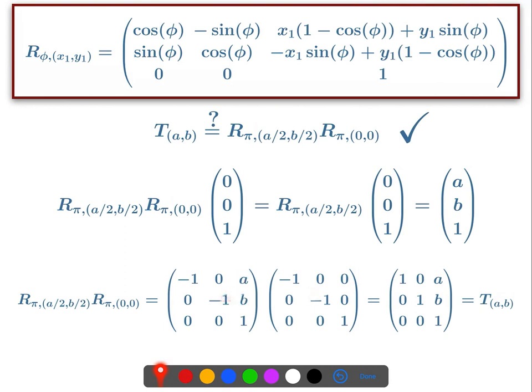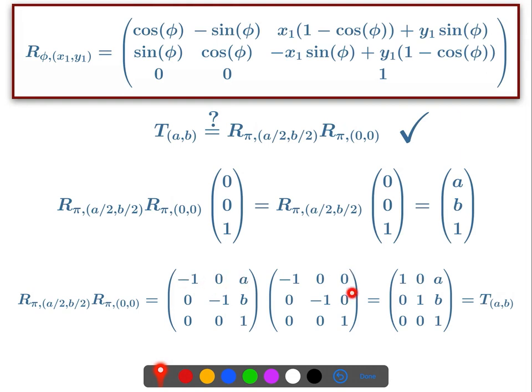Now we just want to multiply these two matrices out. We see minus 1 times minus 1 is 1, and then we have 0 and 0, so that's giving me 1 there. Minus 1, 0, a dotted with this, we're going to get minus 1 times 0 plus 0 times the minus 1 plus a times 0, so that's just giving me the 0.